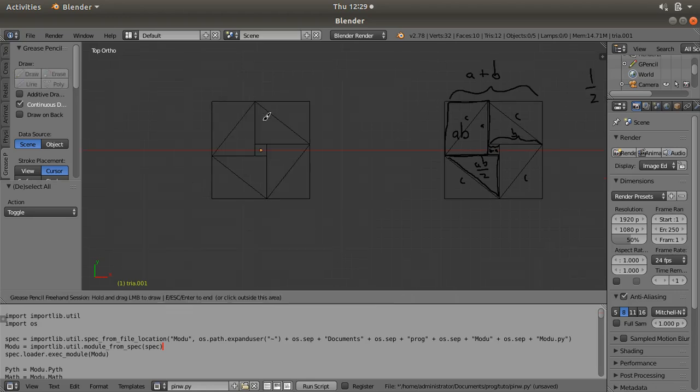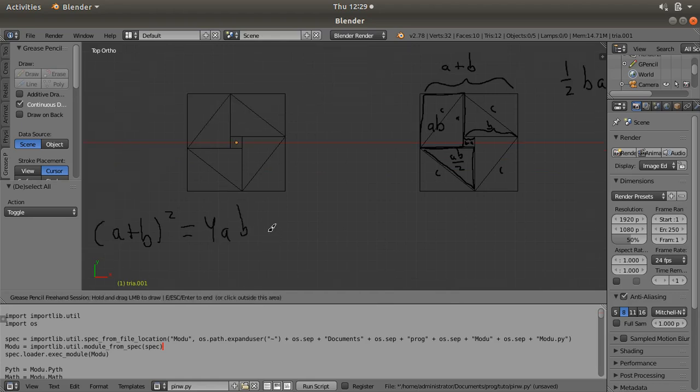One of them is (a plus b) squared equals 4ab plus (b minus a) squared. It's that part in the middle, and each one of these is an ab.